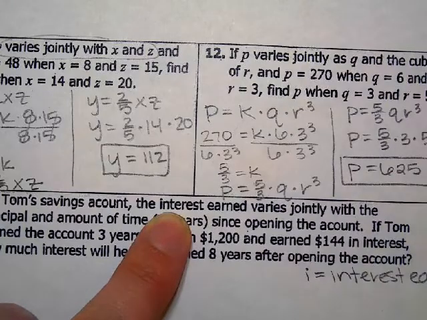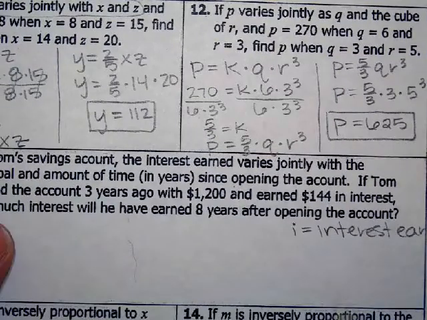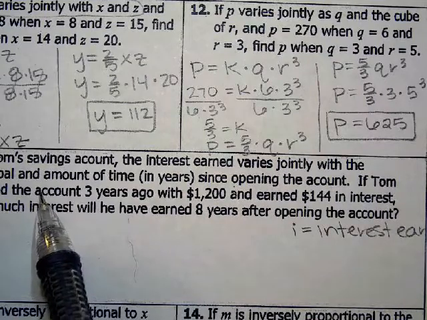And sometimes when I do these problems, I don't really have to write down what my variables mean because they're easy to keep track of. When I read this problem, I felt like I lost interest halfway through. So this is a problem where I know that I need to write down what my variables mean. Interest earned varies jointly with the principal and amount of time in years.